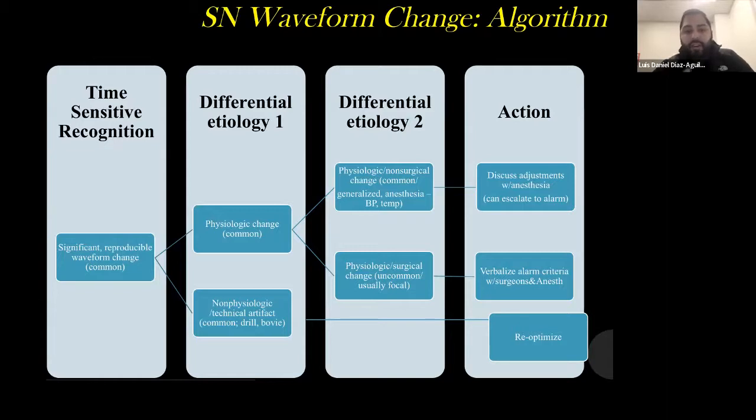If it is physiologic, communicating with anesthesia and understanding why this non-surgical change may have occurred, a change in blood pressure, temperature, the addition of gas, and discussing with anesthesia versus the physiological or surgical change. Thankfully, the least common of these, but it is at this point that a verbalized alarm criteria with the surgeon and anesthesia would be activated.